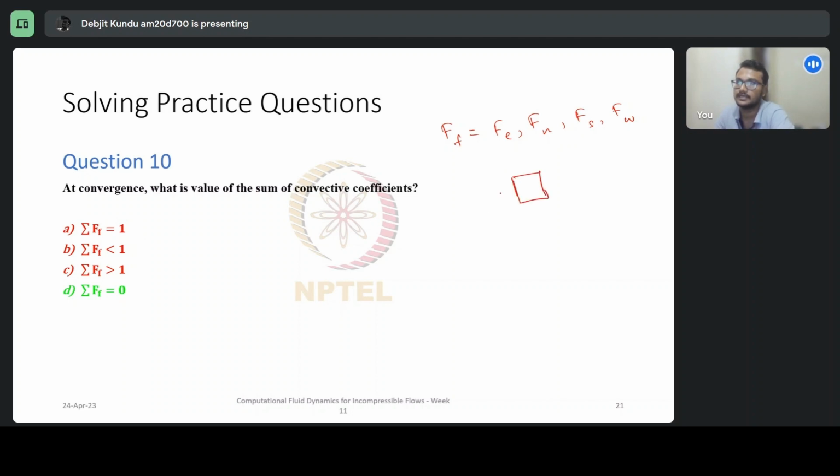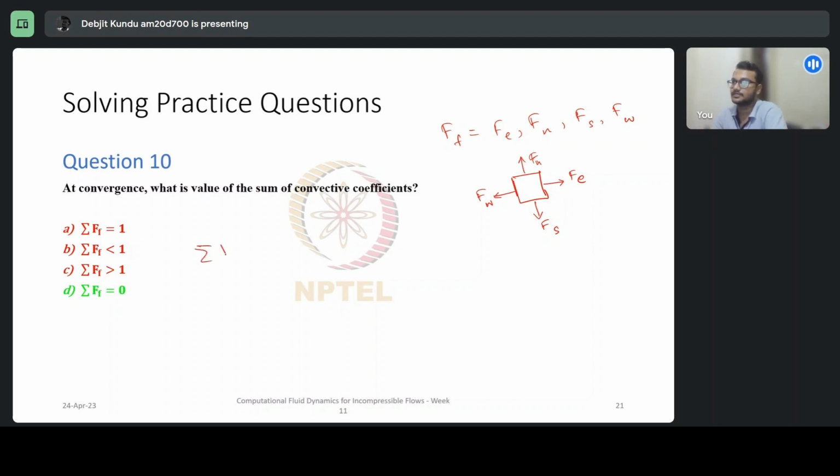So basically Fe means the flow out of this cell, Fn means the flow out of this cell, Fw is this and Fs is this.